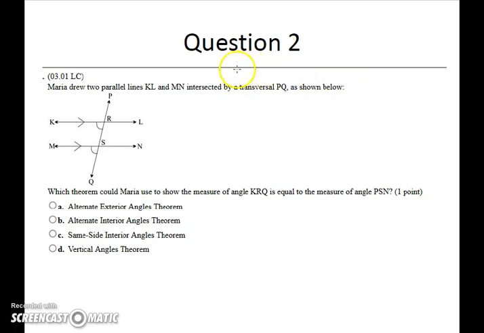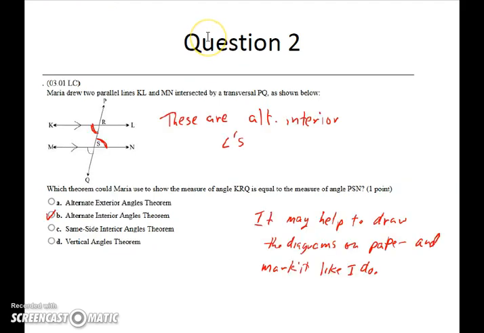You can pause the video. The answer to that is B, alternate interior angles theorem.